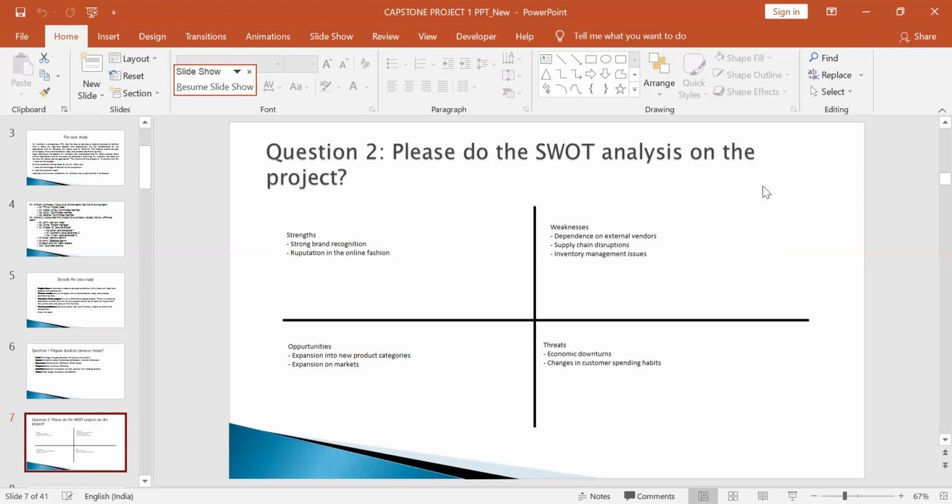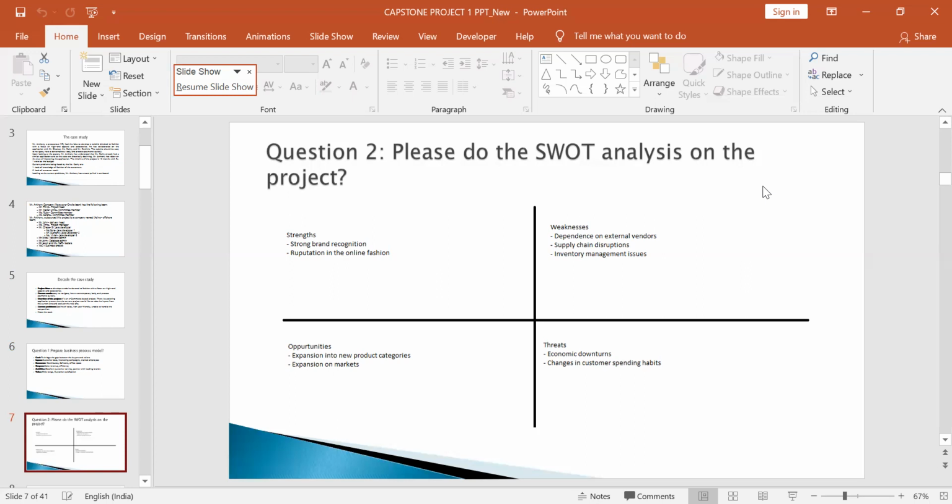Okay. See, suppose we have, for this case study, strength. So, brand recognition. It is a strength for this application, and the reputation in the online fashion.